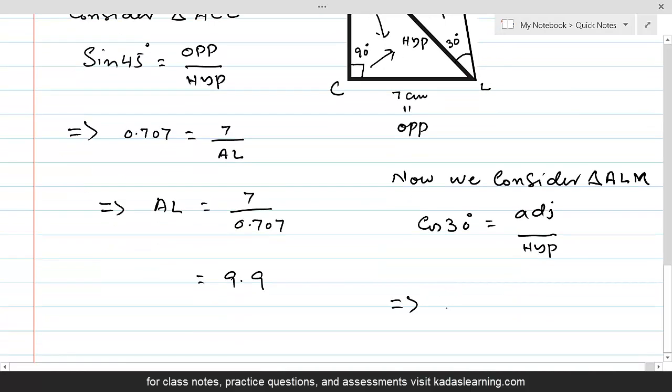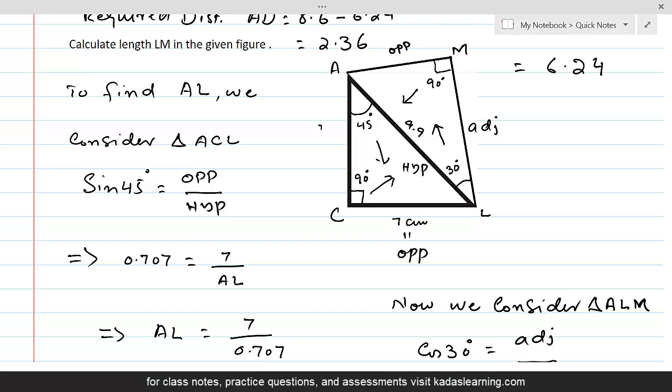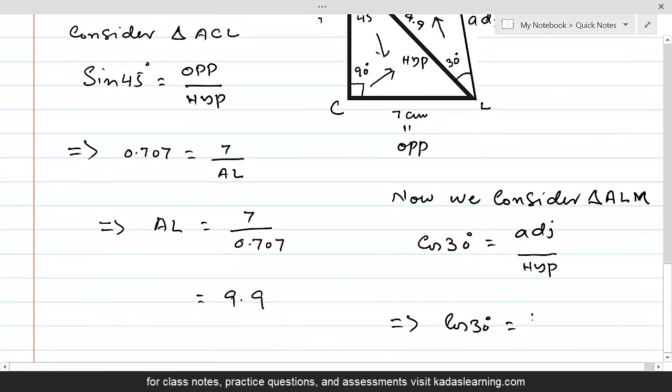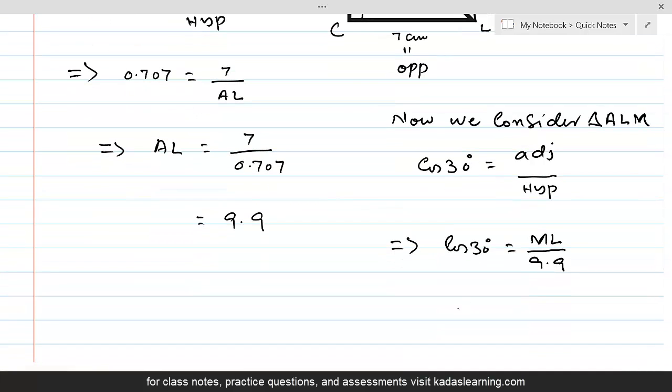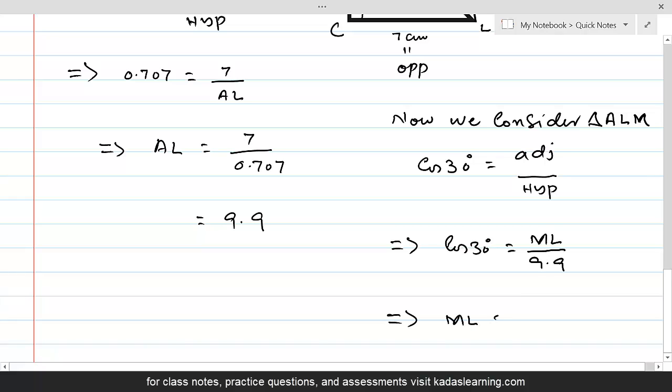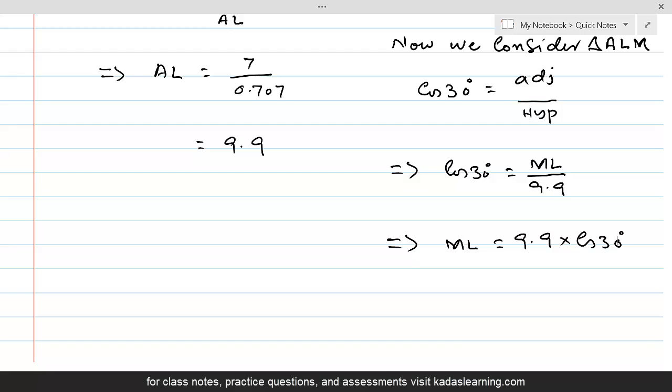So cos 30 degree is equal to adjacent, ML, which we need to find out, over 9.9, and this way we get ML equal to 9.9 times cos of 30 degree, and cos 30 degree is equal to 0.86.